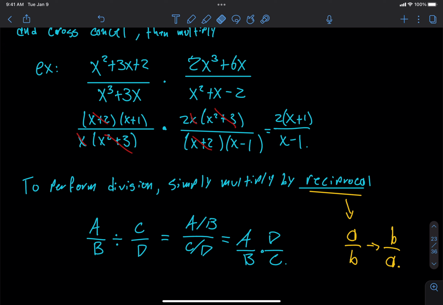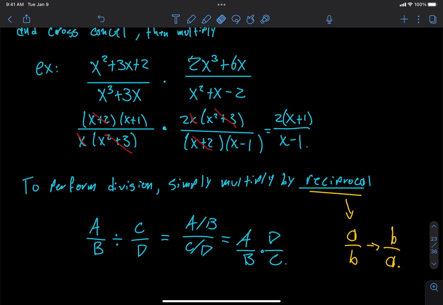Can anybody answer that question for us? That's a great question. Multiplying the denominators by each other?